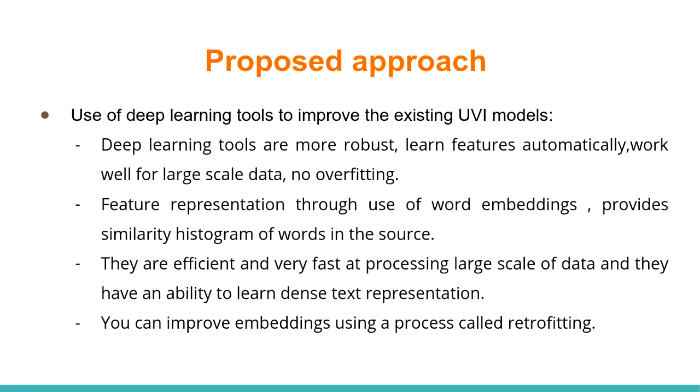It also solves the problem of overfitting, which is another problem that machine learning models are currently facing. This is done using word embeddings, which represent data using the similarity of words in the data source. Deep learning models are proven to be very effective on large scale data, unlike the machine learning process.